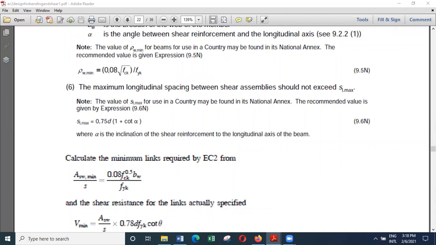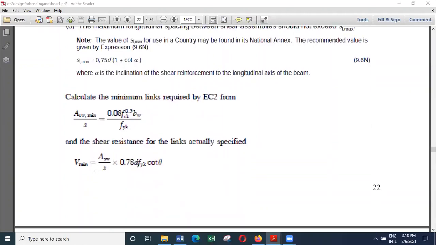Based on that, we can also determine the region in which we can provide the minimum links. So with this, we can find the minimum ASW over S with this equation, and then using that, we can find the minimum shear force carrying capacity.